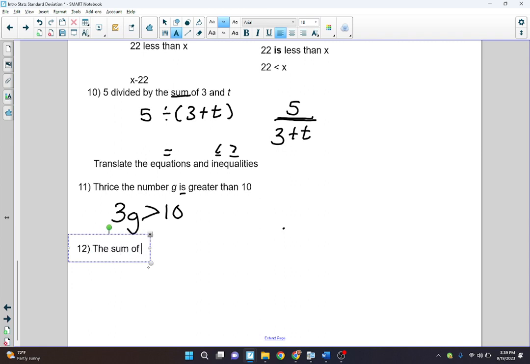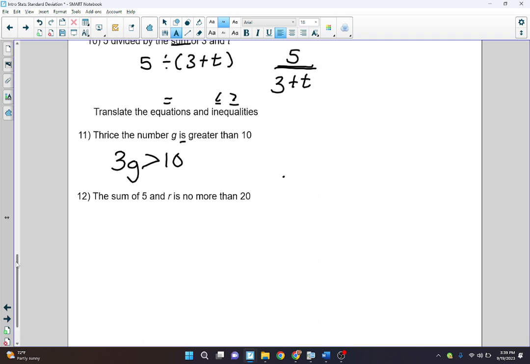The sum of 5 and r is no more than 20. So the sum of 5 and r, we should be professionals at this by now.